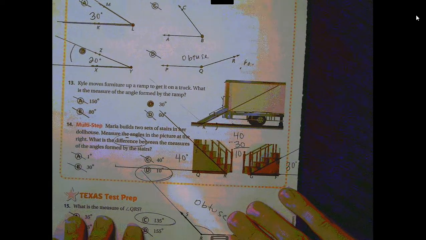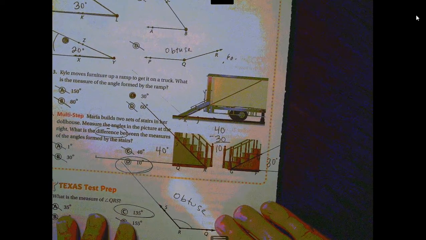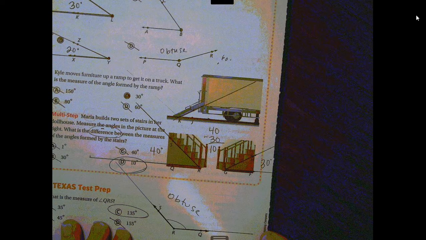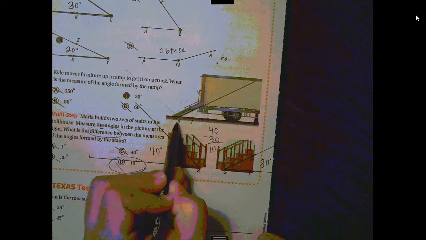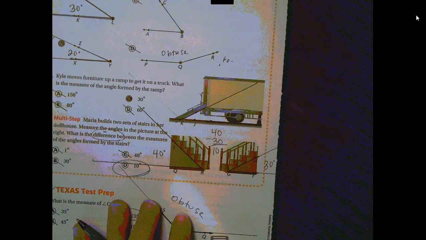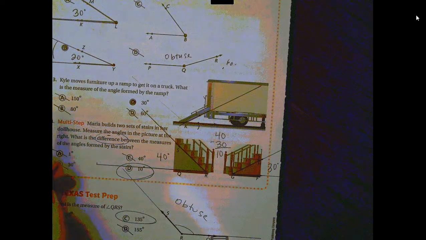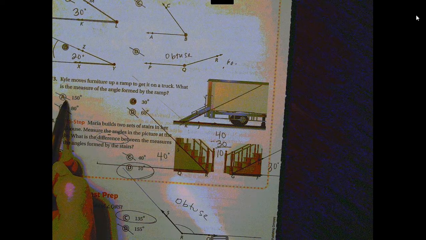13, we needed to measure. It says Kyle moves furniture up a ramp to get it on a truck. What is the measure of the angle formed by the ramp? So here you've got angle LKJ. It's kind of dark in there, but there's that angle there. We extended the line so we could read it easily on our protractor. And we found that it was an acute angle, so we went ahead and took out 150.